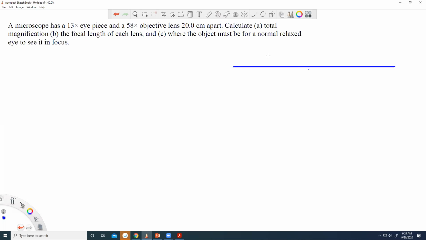We have this objective. The lens that is closer to the object is called objective. So this is objective.